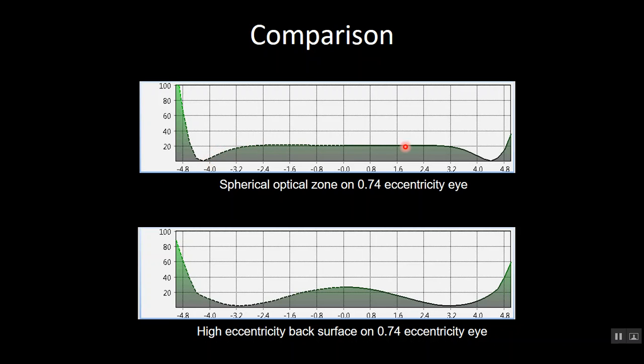So if you use a spherical optic zone on an aspheric surface, you get this acute point of bearing. However, if you use a high aspheric surface on a high aspheric cornea, you get this beautiful wide area of landing, which may improve comfort, may improve the bearing of the lens on the eye surface.